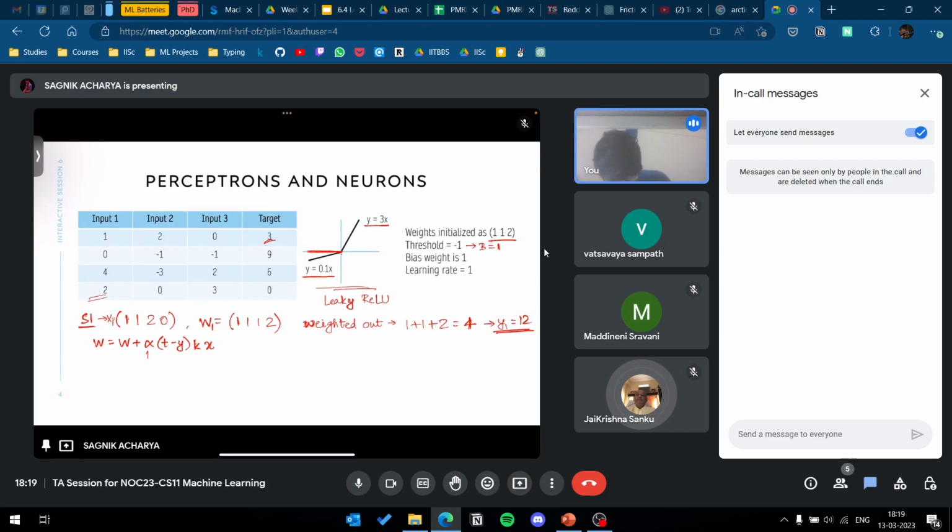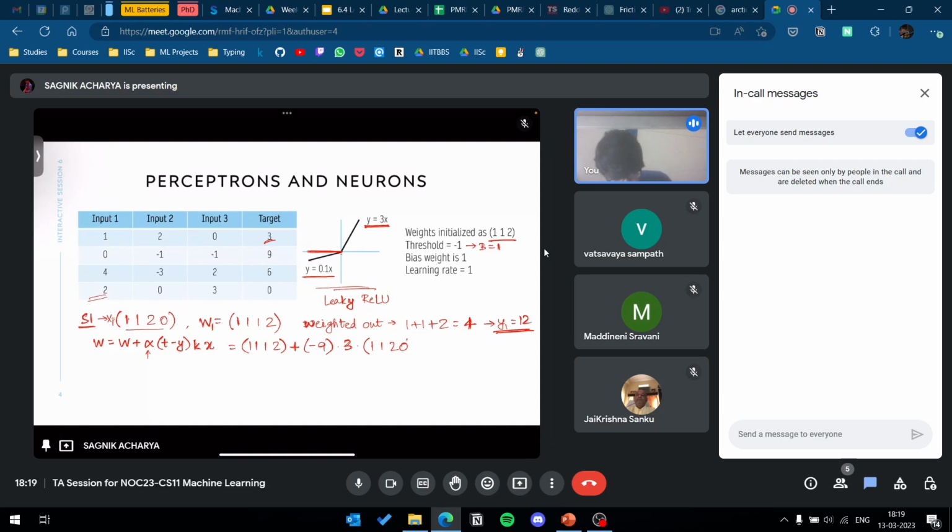So this will become equal to my initial weight vector plus t minus y, so 3 minus 12, which is minus 9, right? Minus 9 into k, where k is the derivative of this, so into 3, right? And then into the inputs. So my inputs in this case are 1, 1, 2, 0, right?